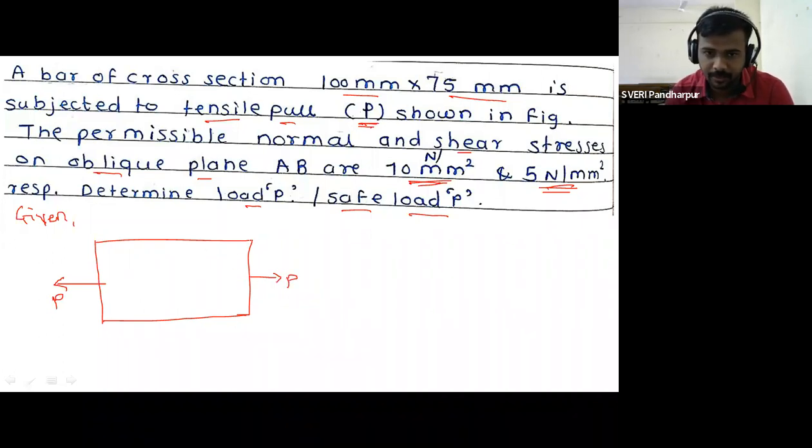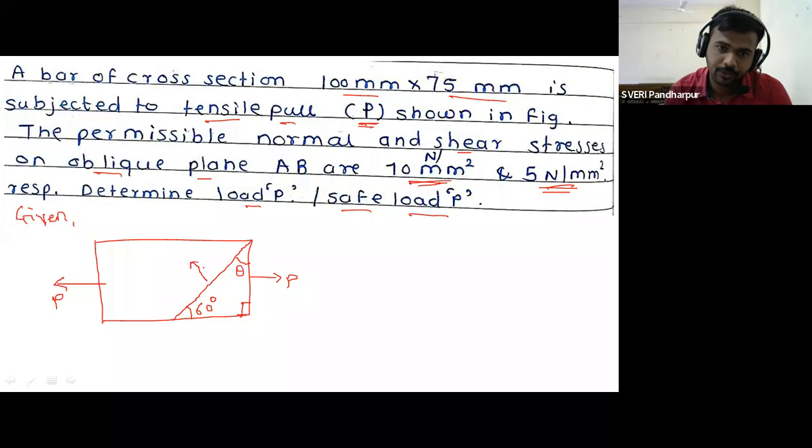Then there is an inclined plane. The angle is given with the minor principal plane as 60 degrees. This is a 90 degree angle. This is your required theta value.